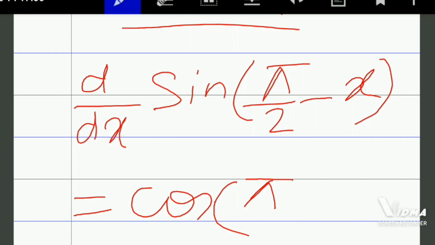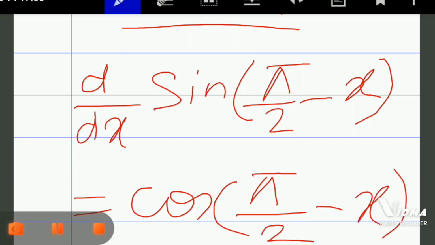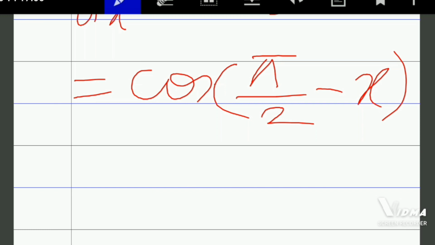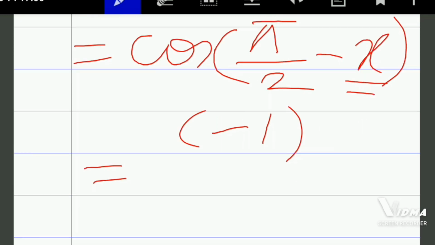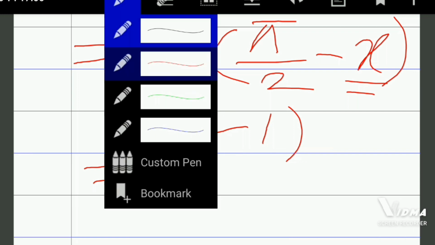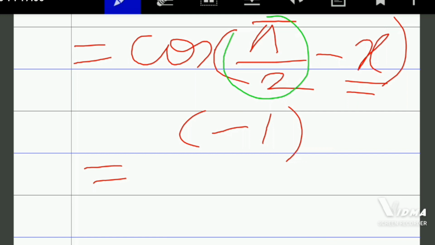So, sin of pi by 2 minus x would become cos of pi by 2 minus x. As inside here also there is an x, it would be minus 1 while differentiating minus x, as the differentiation of the constant is 0.